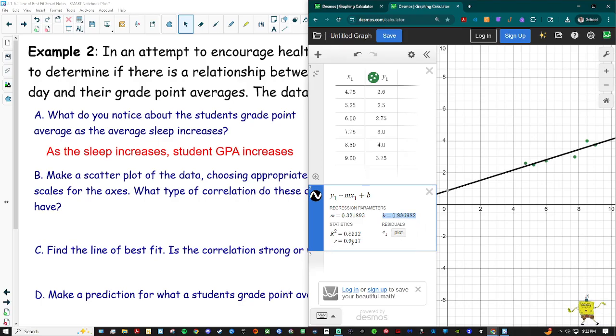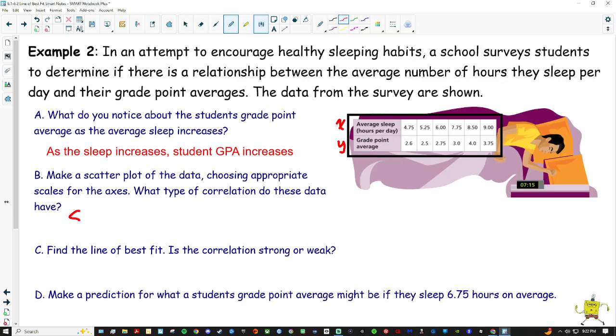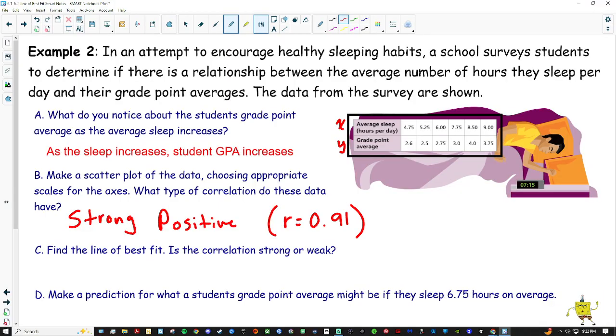My r is 0.9117. So we would call this strong positive, and that's because my r value was 0.91. Okay, strong positive correlation.